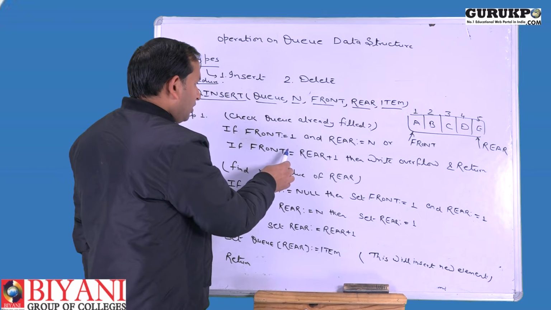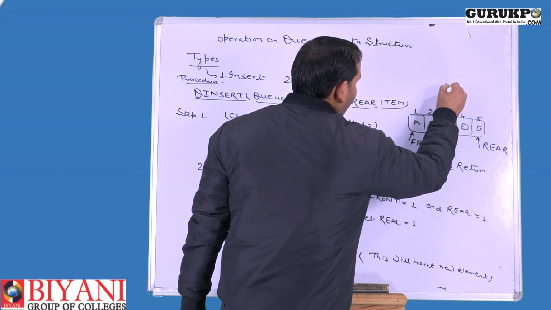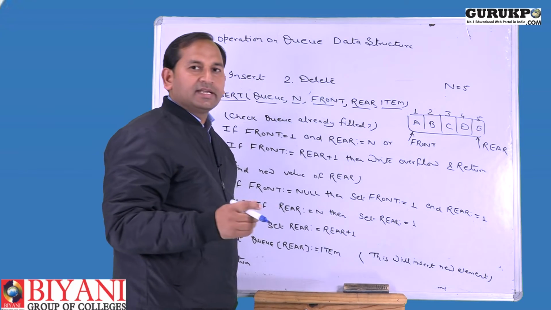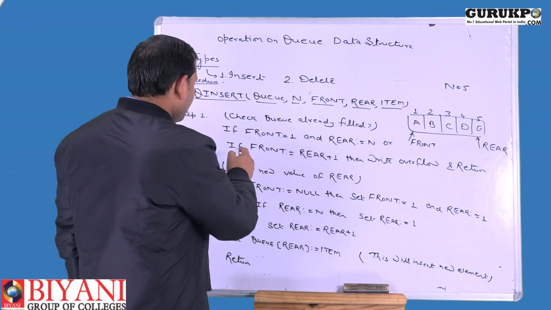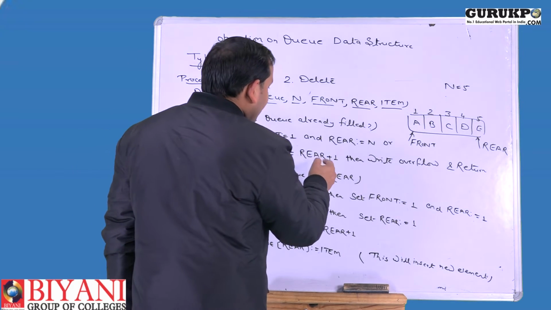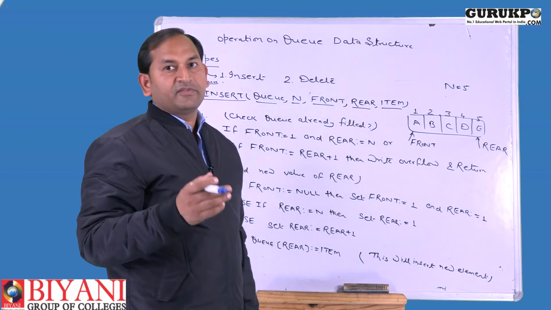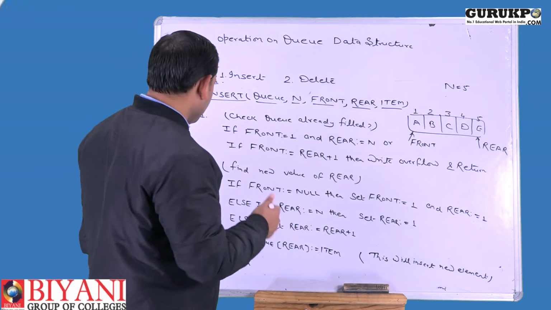If front equal to 1 and rear equal to n, here n equal to 5, we can easily observe the total number of elements inside the queue is 5 and the size of the queue is 5. If front equal to rear plus 1, then write overflow condition and return. In this case, if our queue is full, then we can never insert new elements inside the queue.